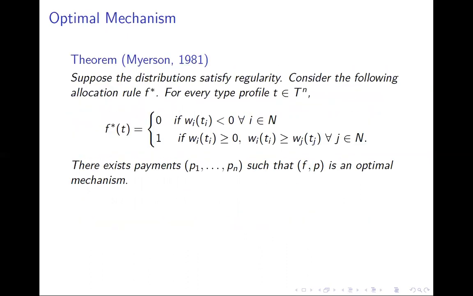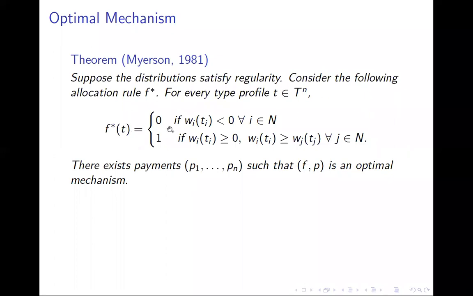Okay, so this is the main result of Myerson. Myerson basically proves that, which we have concluded now, that if the distribution satisfies regularity, then the following is an allocation rule of the optimal mechanism.